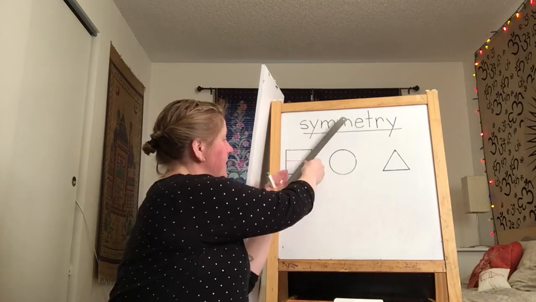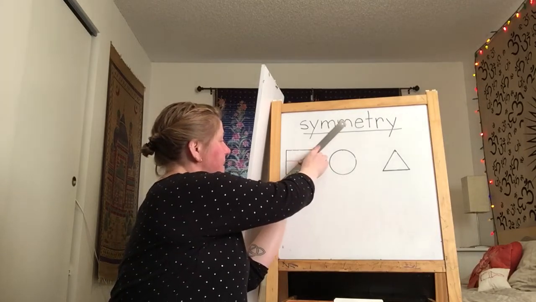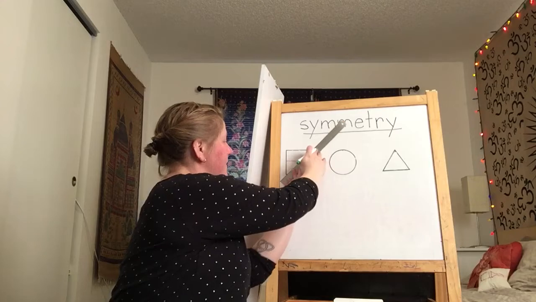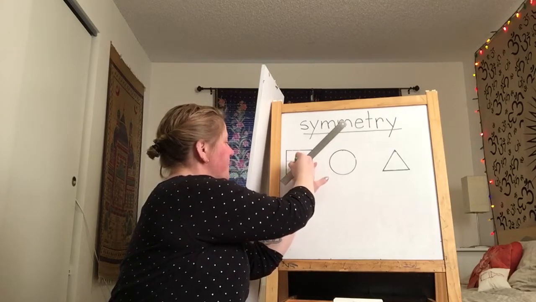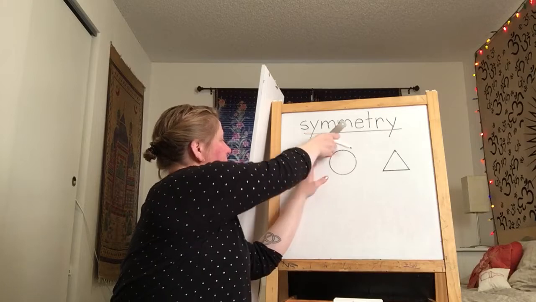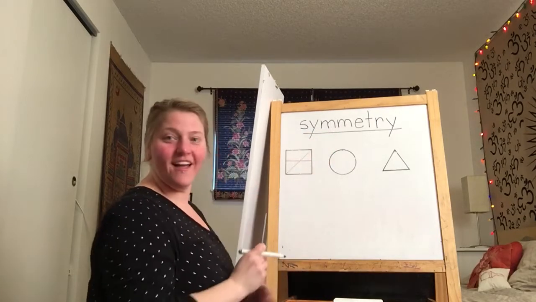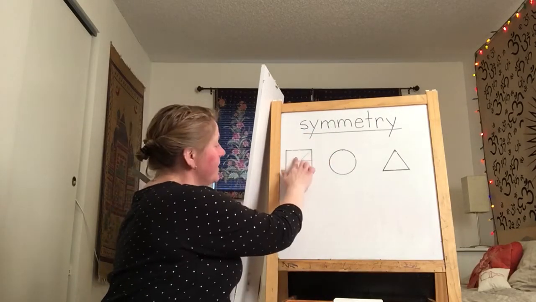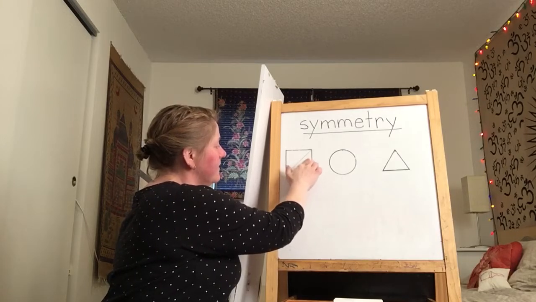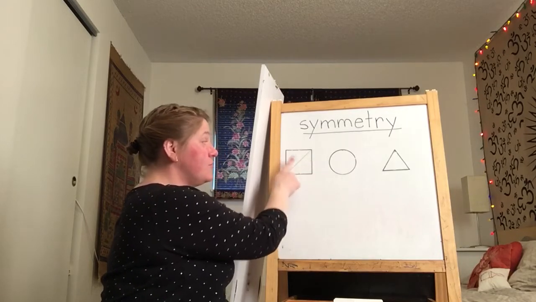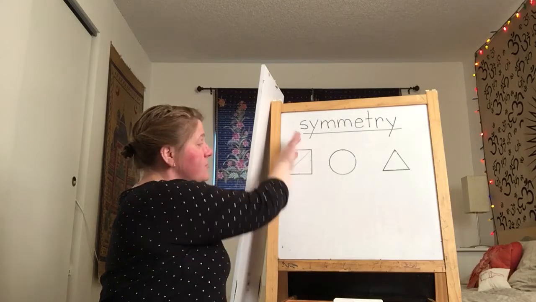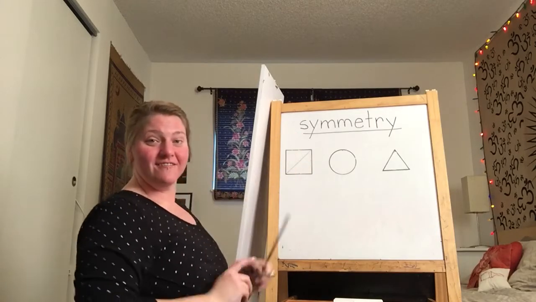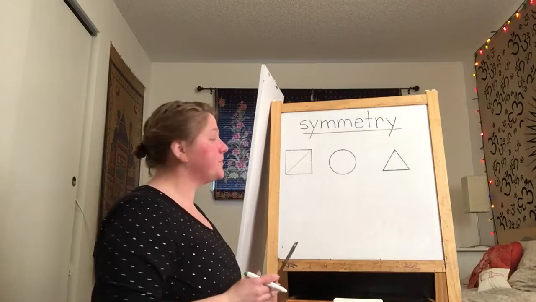You ready? Let's see. Oh, look at that. So see this line right here, and what does it do? It created two triangles, didn't it? But they are a mirror image of each other. So a square is symmetrical.